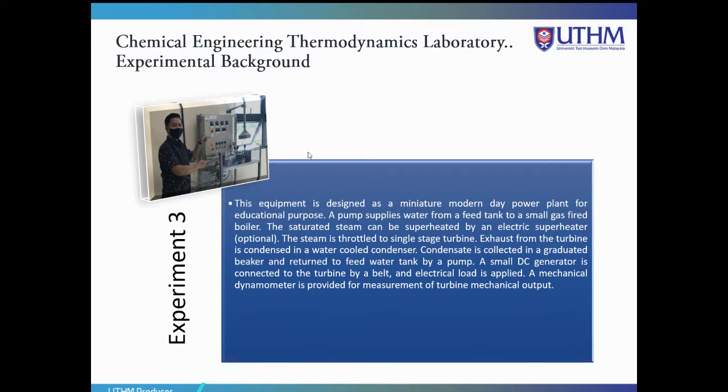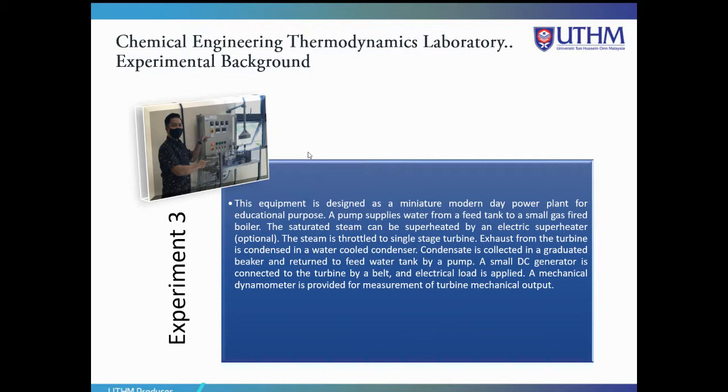In this power plant, a pump supplies water from a feed tank to a small gas-fired boiler. The saturated steam can then be heated by an electric superheater, which is optional. The steam is throttled to a single-stage engine. Exhaust from the turbine is condensed in a water-cooled condenser.